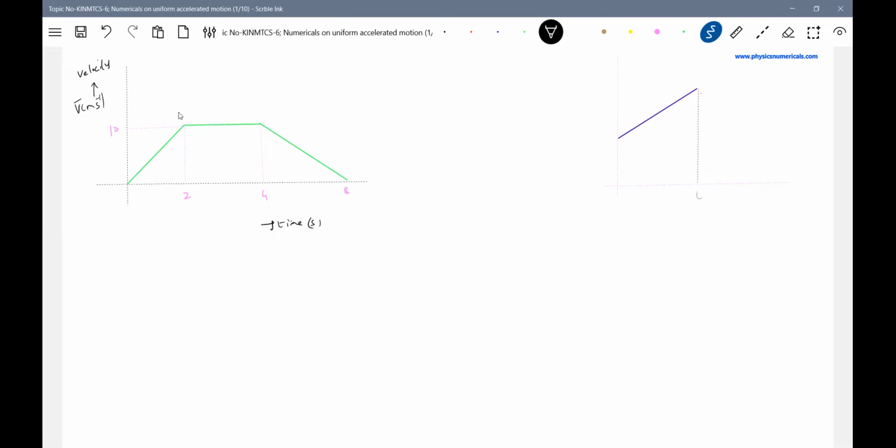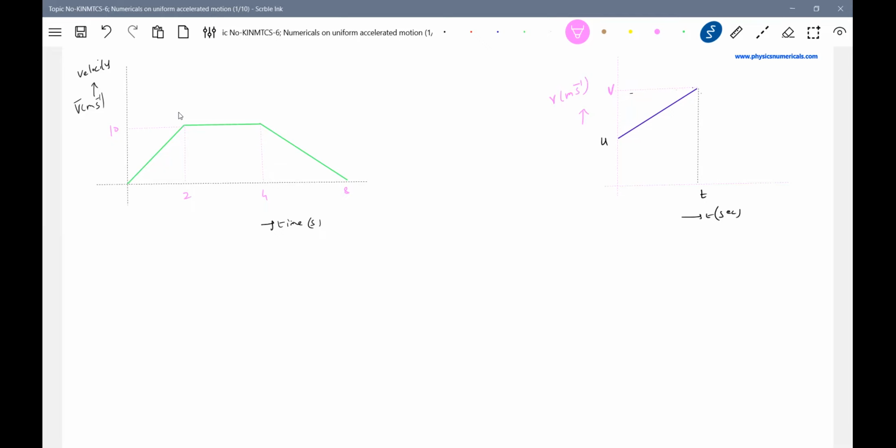There's an interval of time, t. There's an initial velocity, u. I do have this curve, no? Let me plot it. There's a final velocity. There's a velocity, meter per second I'm putting.